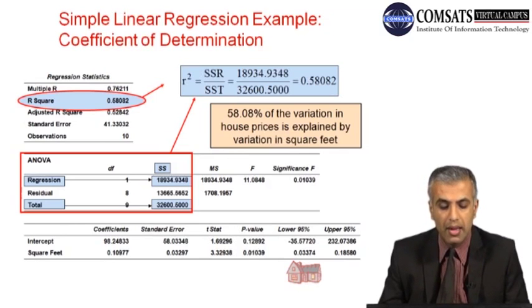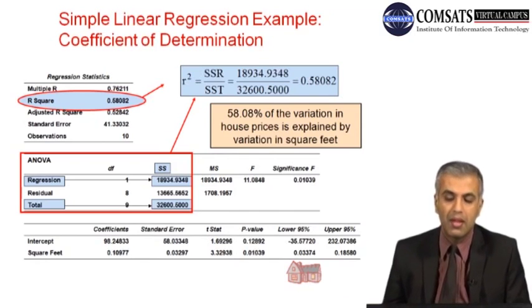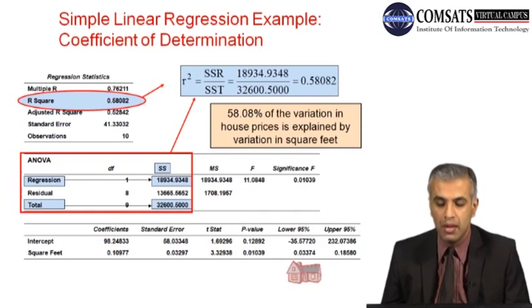So here you can see we have already discussed how regression is displayed and how R square is calculated. Then in this typical example, we came to the conclusion that 58% of the variation in house prices was explained by variation in the size.